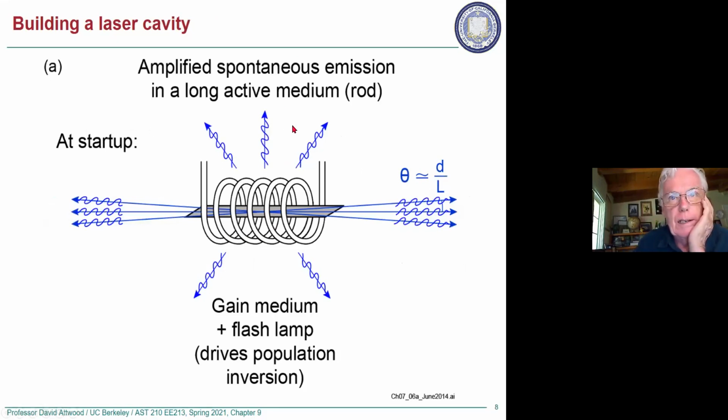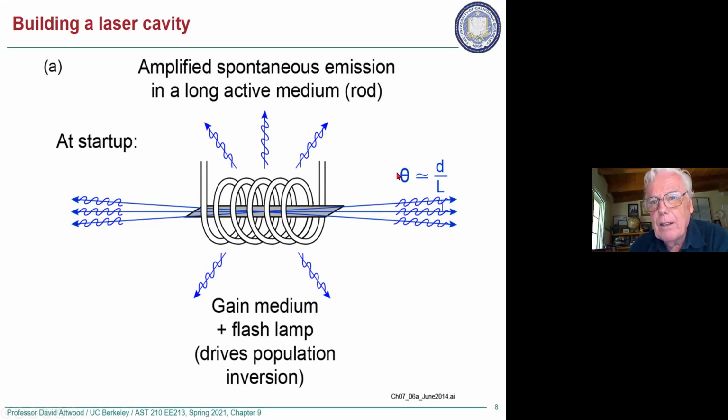Okay, so here's our amplified spontaneous emission in a long rod. Some photons are initially thrown off at the side, okay? And then there's a geometry, there's an angular amplification here just because of geometry. This isn't some special coherence issue, at least not yet, it's just the geometry, okay?